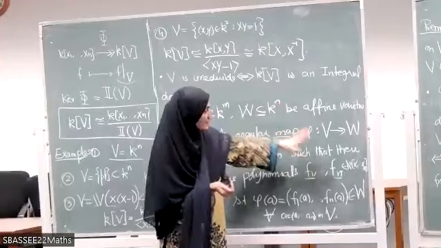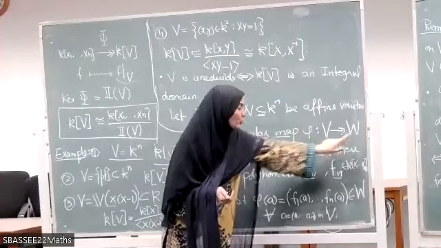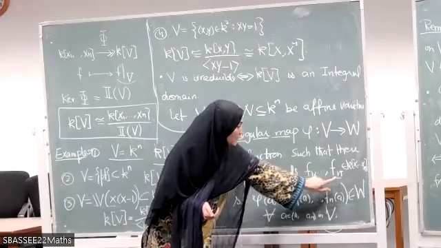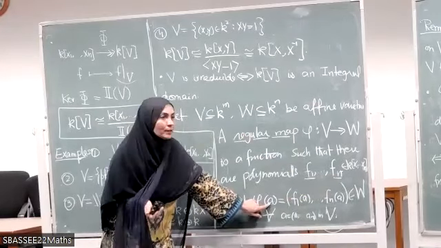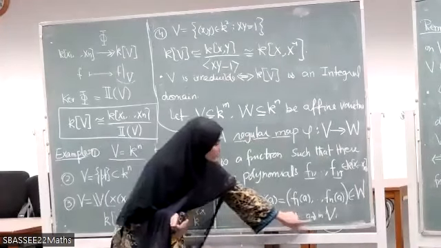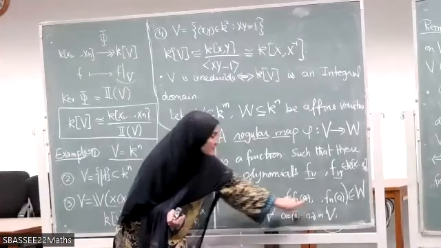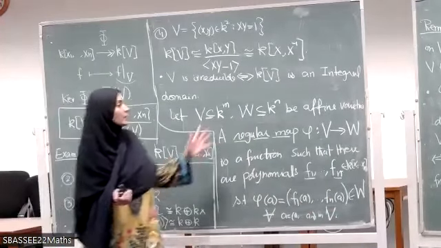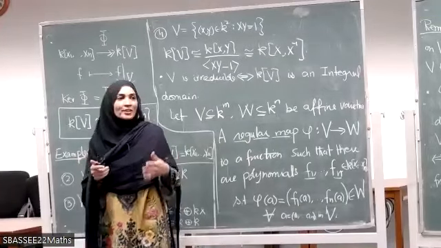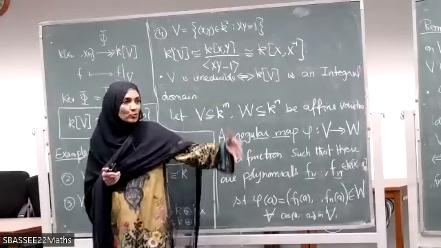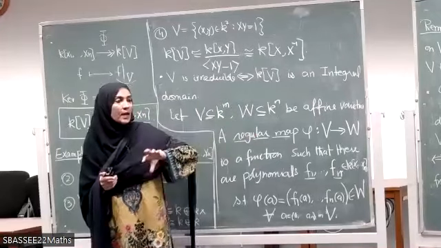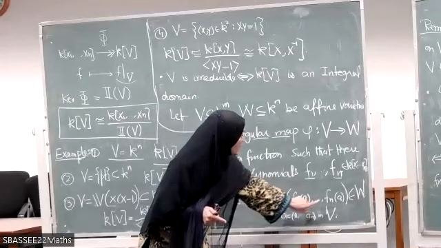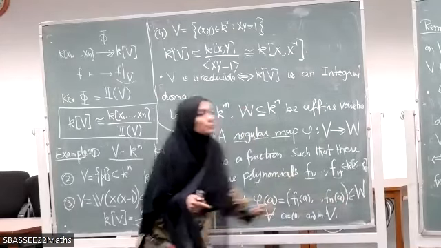We will say that this is just a function from V to W, which satisfies this condition: if you can find polynomials such that when you evaluate those polynomials on this point, this gives you the answer in W. Right? Because whenever you say that some function is going from one variety to another variety, then definitely the image of this point must be in W. This means that these evaluated points must belong to W.